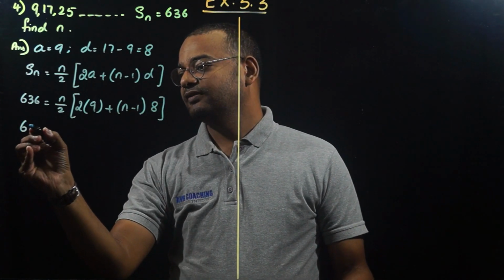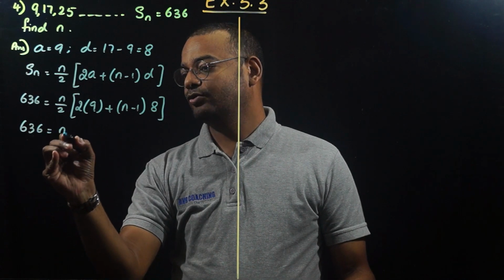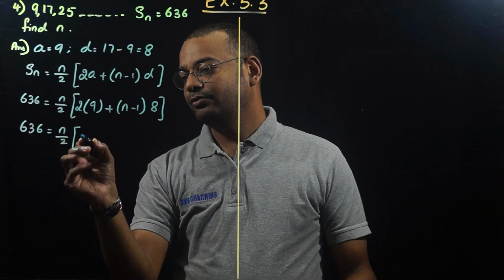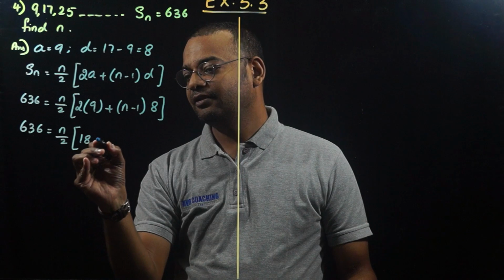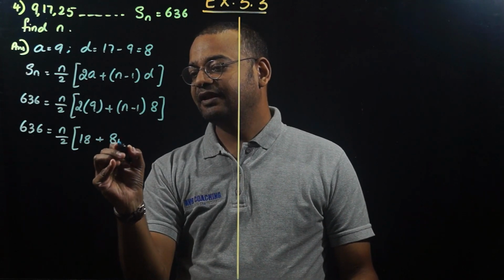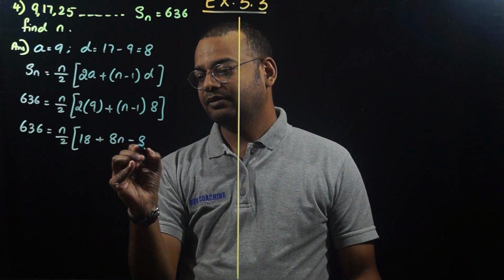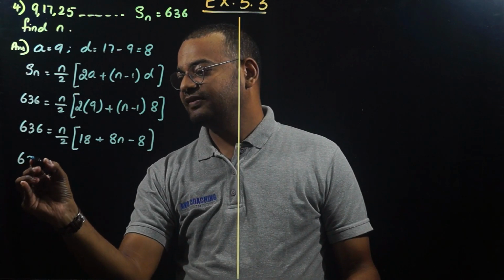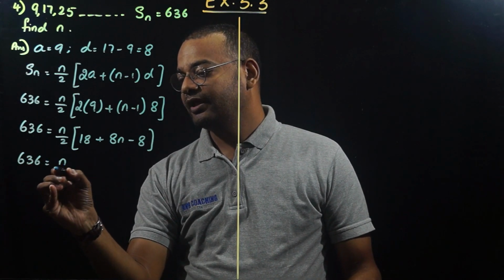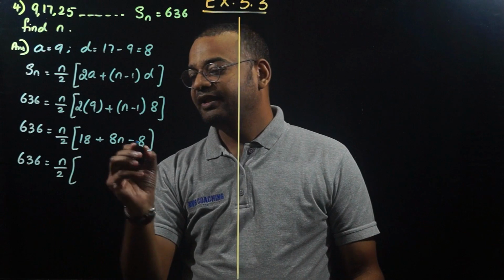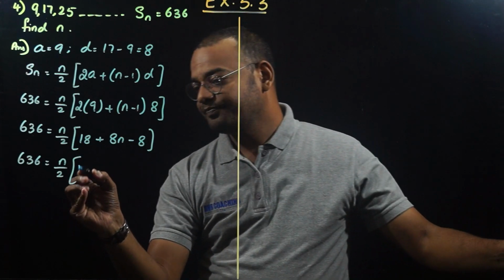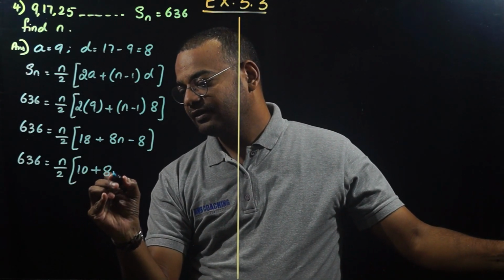So this will be 636 is equal to n by 2 into 2 nines are 18 plus 8 into n is 8n minus 8. So this will be 636 equal to n by 2 into 18 minus 8 will be 10 plus 8n.